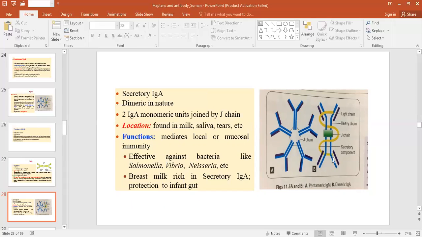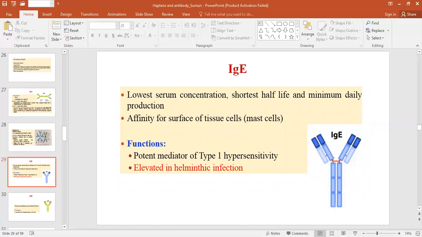They are very effective against a few bacterial species like Salmonella typhi or Neisseria. In the case of breastfeeding, they rest in the infant gut and are also responsible for protection against some specific gut pathogens. Next one is IgE.